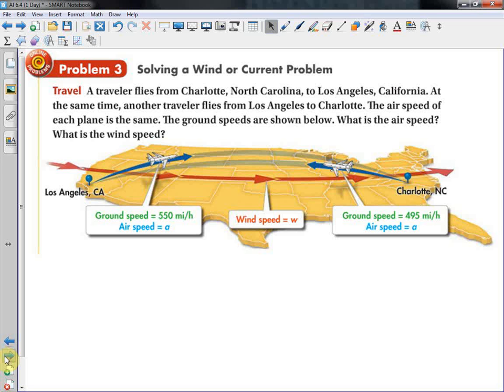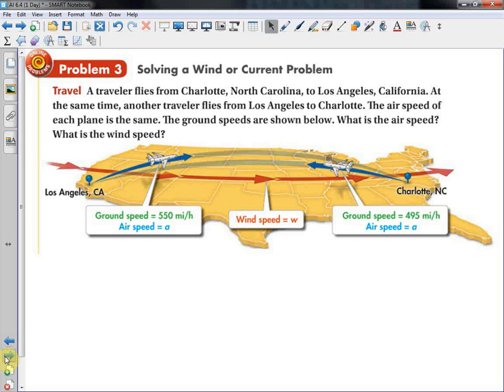So we have ground speed and airspeed for each one. Ground speed is how fast the airplane is actually going. The airspeed is how fast the plane would be going if there was no wind.